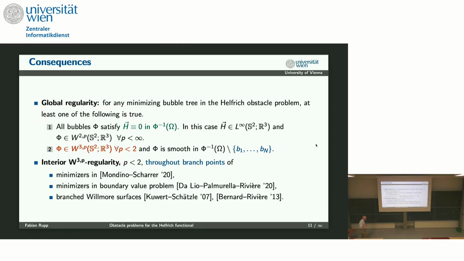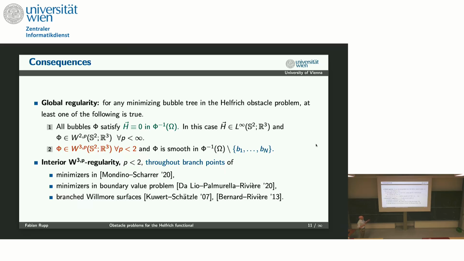But because it's only relying on the Euler-Lagrange equation, our result also has some non-trivial consequences and new conclusions on other variational problems. For instance, the minimizers constructed by Mondino-Scharrer, but also minimizers in the boundary value problem discussed by Dall'Acqua, Palmurella, Rivière, and also the Willmore surfaces, so weak Willmore immersions, weak critical points of the Willmore energy, studied by Kuwert-Schätzle and Bernard-Rivière.